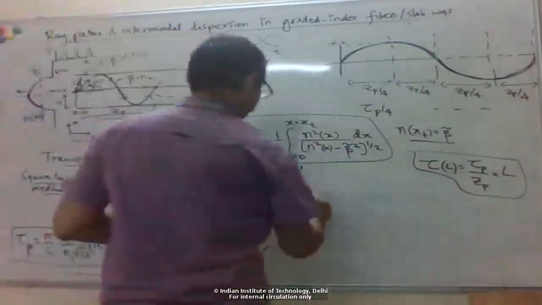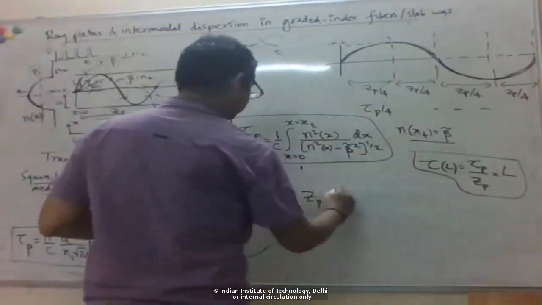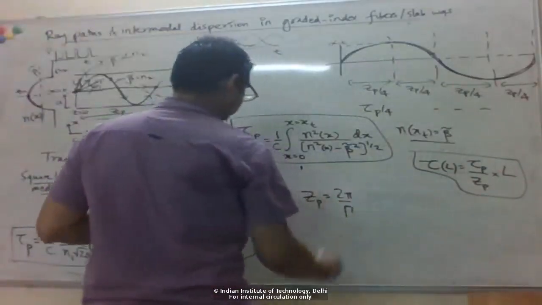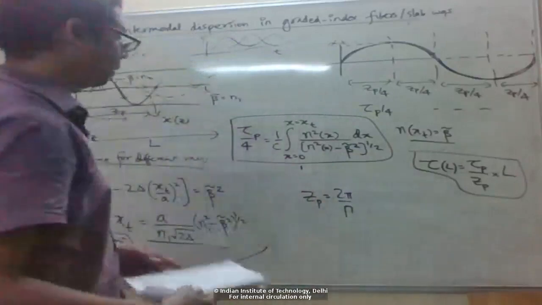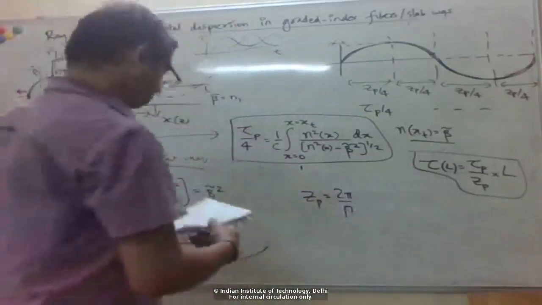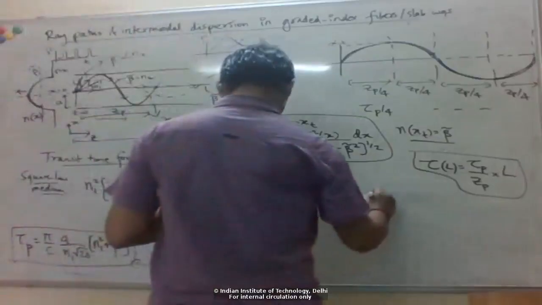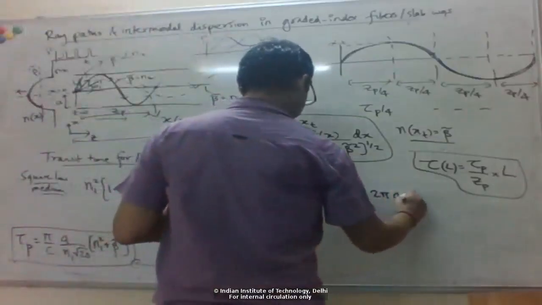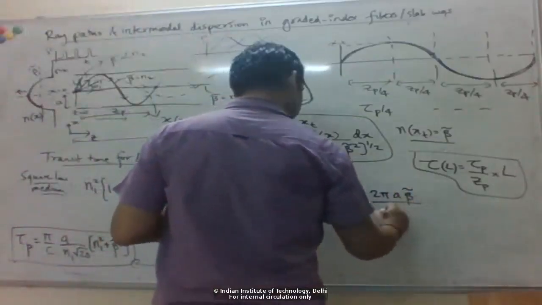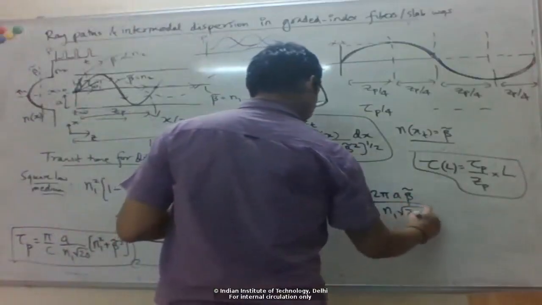Recall the period was, for the square law medium, 2 pi over this gamma, because the ray paths were sine gamma z, and that gamma depends on the medium parameters like that.